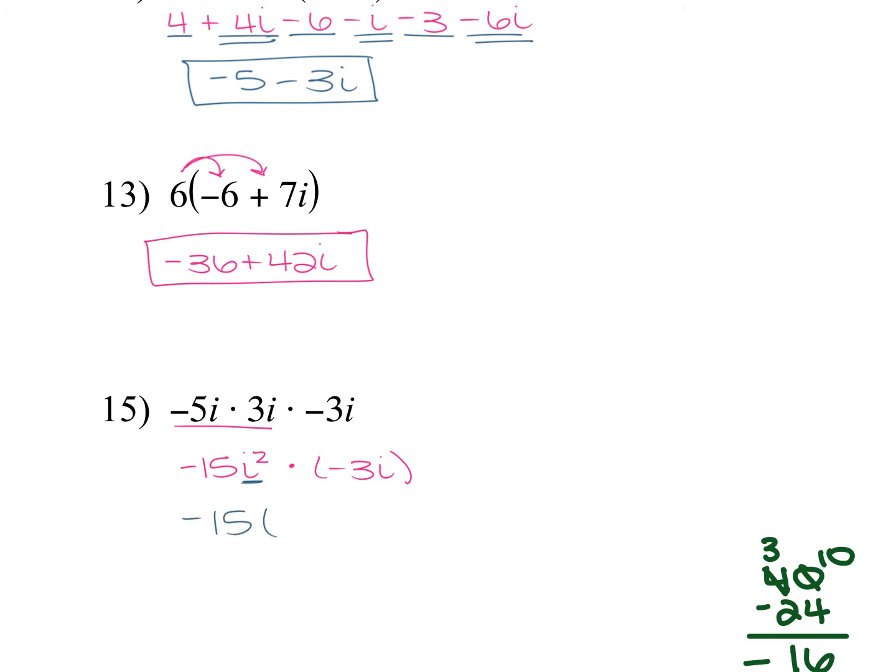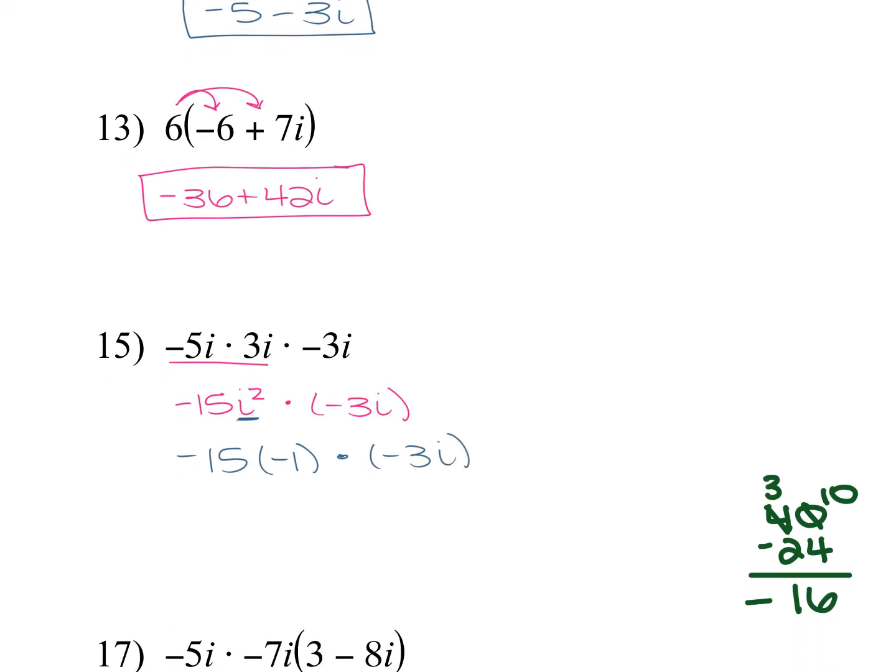So then that's negative 15 times negative 1 times negative 3i. Negative times a negative is a positive, so that's just 15 times negative 3i. 15 times negative 3 is negative 45. We keep that i attached to it as well. So that's just negative 45i.